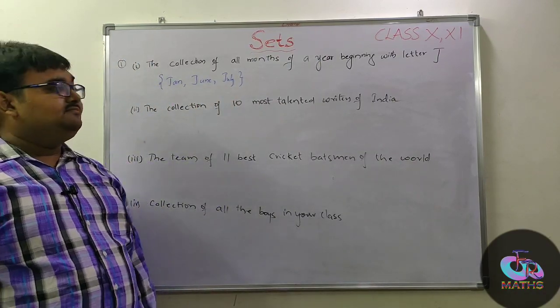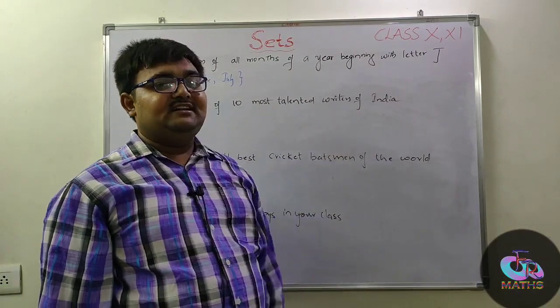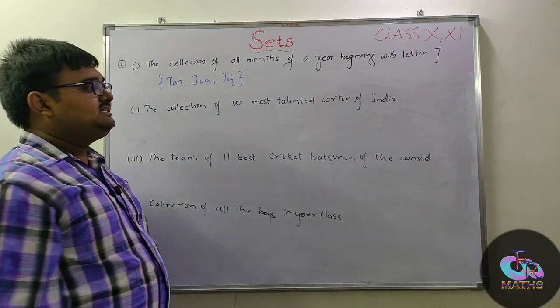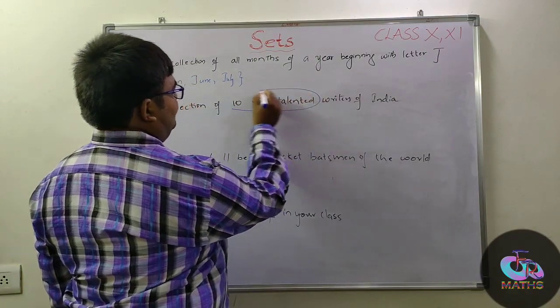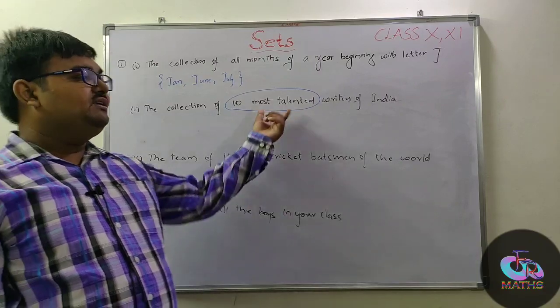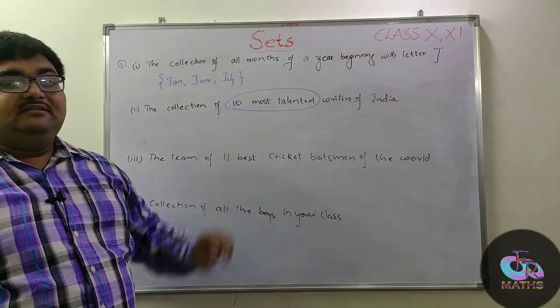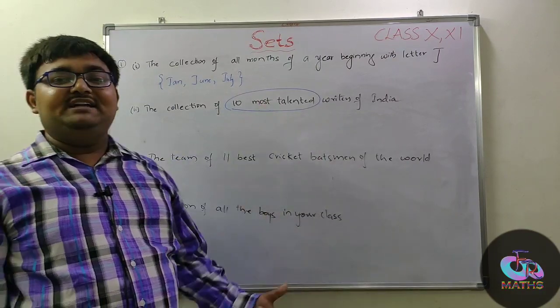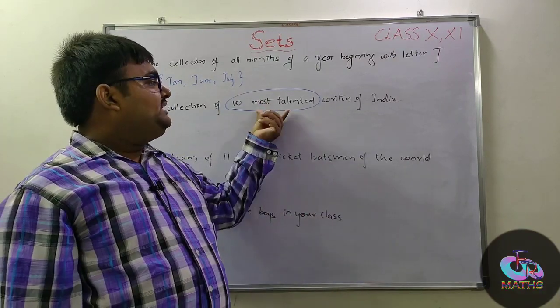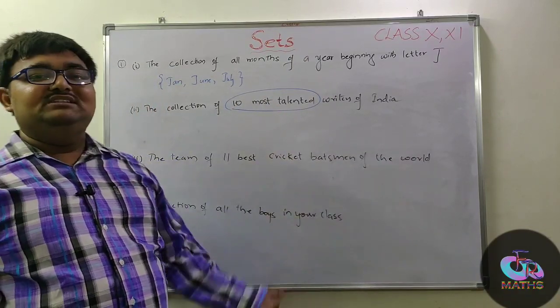Now the second question, the collection of 10 most talented writers. We have already discussed this earlier. If you get the particular word most talented, it defines the quality of the writers. We can't say who is the best.